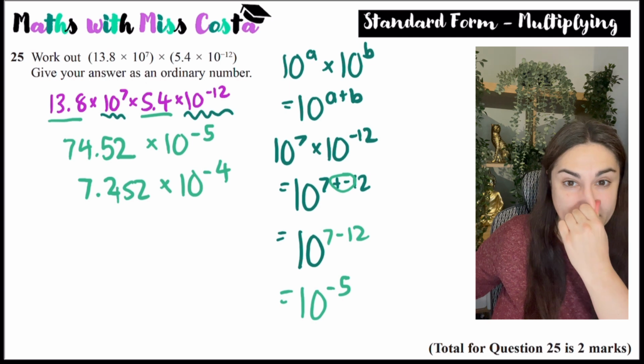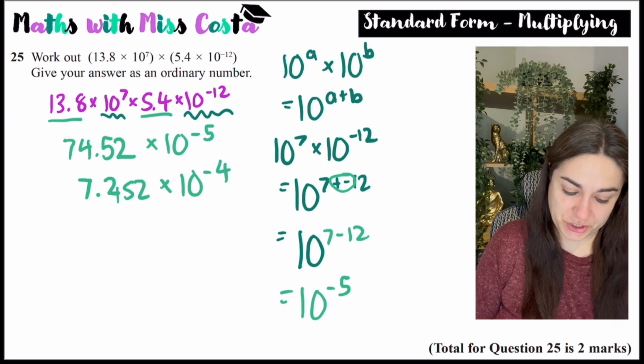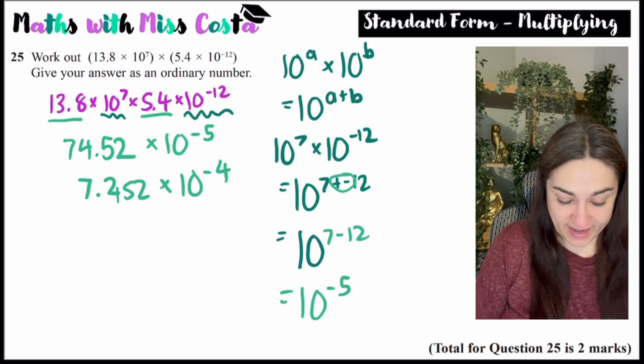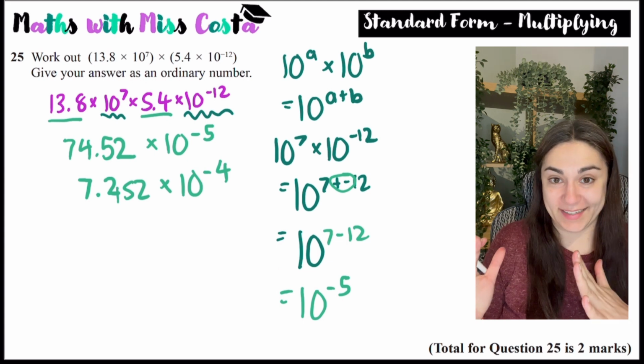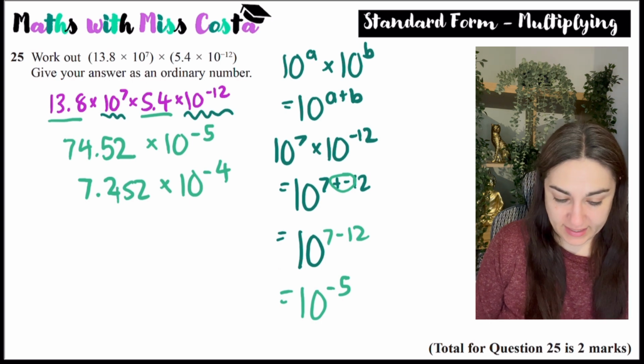Now, when you're doing something to the power of negative 4, all that means is you want to move everything so that it's 4 places to the right. So if it's written in standard form, that's what we do.